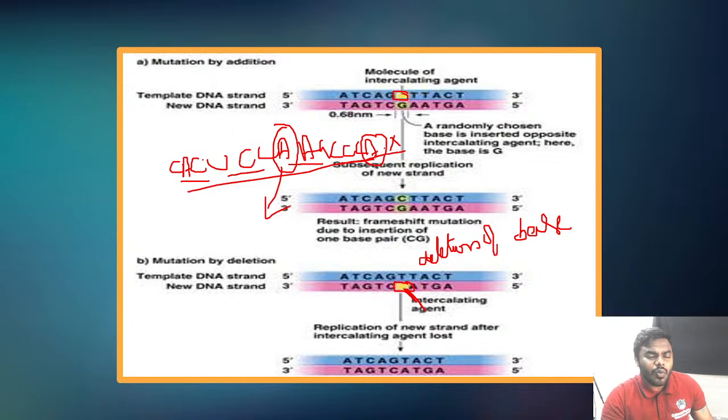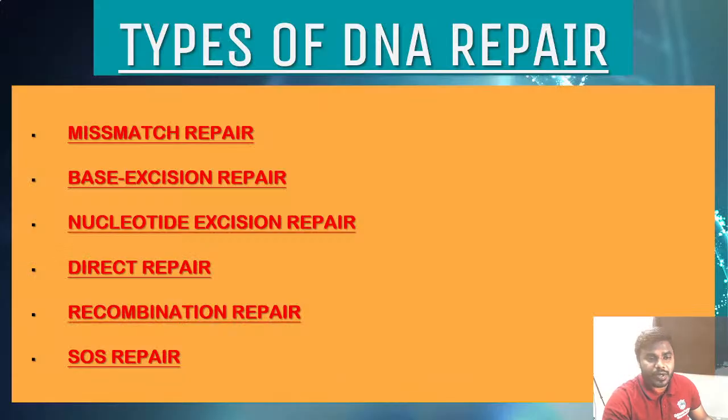Because whatever protein is getting synthesized will either become a hyperactive protein in one case, or in another case a completely non-functional protein. That is the reason, friends, intercalating agents generally cause the frame shift mutation either by addition of nucleotides or by deletion. Very very simple it is.